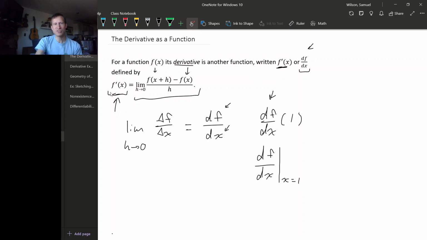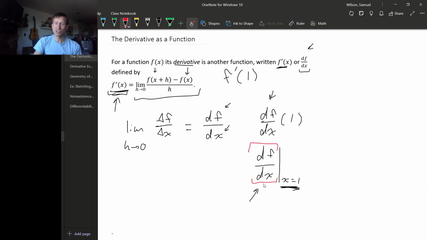So if you're going to use Newton notation, that's just a prime, and then you put the x value in parentheses. And if you're going to use Leibniz notation, that's this ratio df dx. And then if you want to plug something into this function, you put a vertical bar and then the x value that you want.